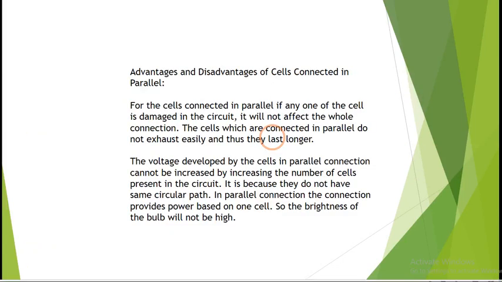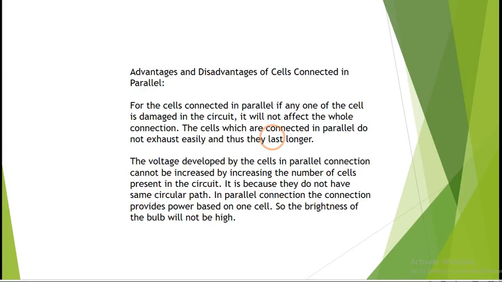Again, there are a few advantages and disadvantages also. For the cells connected in parallel, if any one of the cells is damaged in the circuit, it will not affect the whole connection. The cells which are connected in parallel do not exhaust easily and thus they last longer.